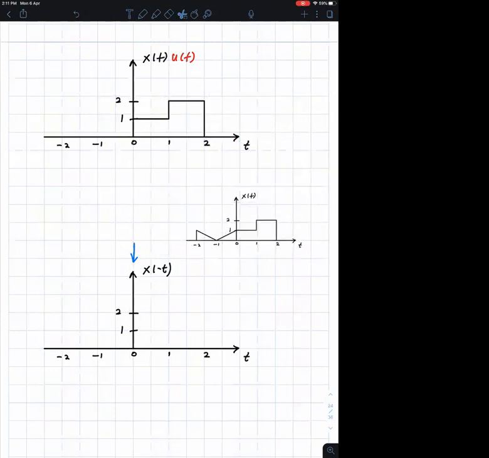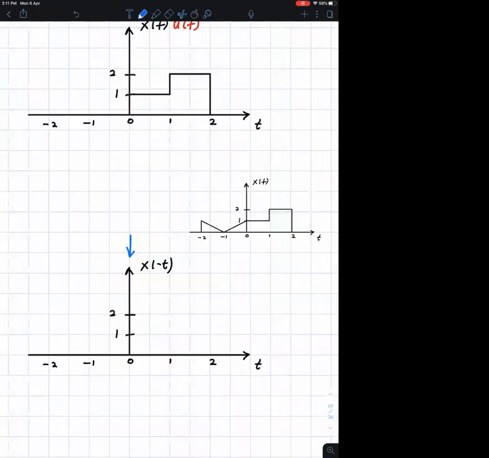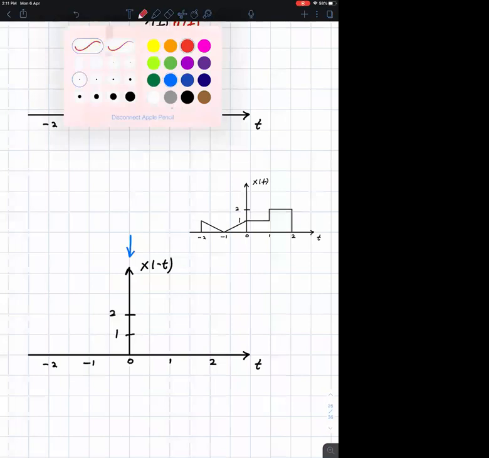That's the original signal, right? That's for positive t, x(t). So for negative t, you're going to have the flipped version.